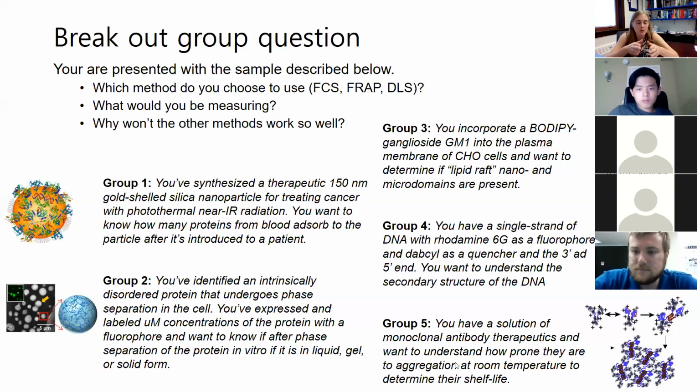You'd have to know the specs of your DLS. Can it get down to tens of nanometers? I think with the aggregate size, you definitely should be able to resolve that. But with the individual antibodies, it'll depend on how good your DLS is. But it would be similar.